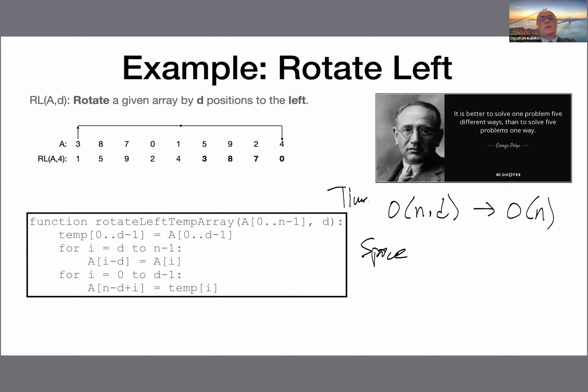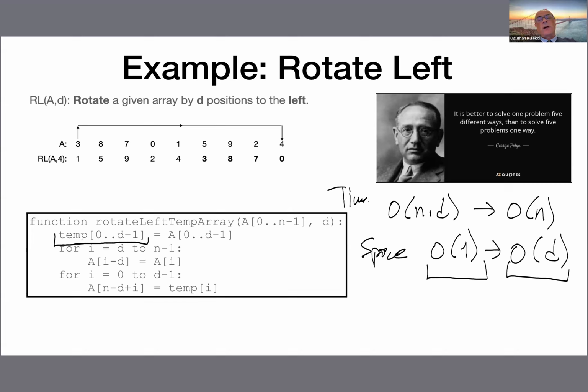For the space complexity, previously it was constant. So let's see what happened now. In the naive version, we only needed just one memory location. However, now I need an array of size d. That is why my space complexity has become O(d) instead of O(1).